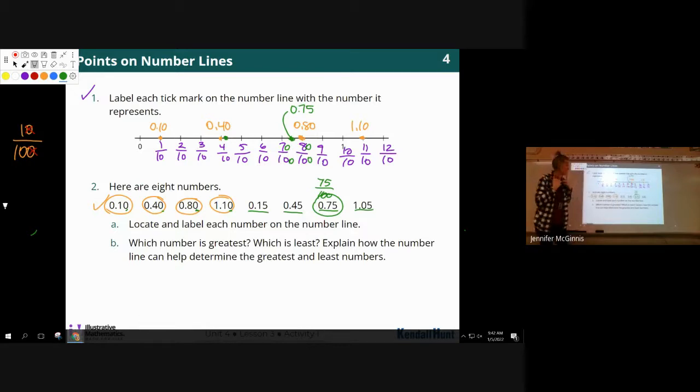Is that what you're saying? So I have to put things on my number line kind of accurately. How about here? Yeah. Okay, and this is 0.45. All right, Caden, what do you want?